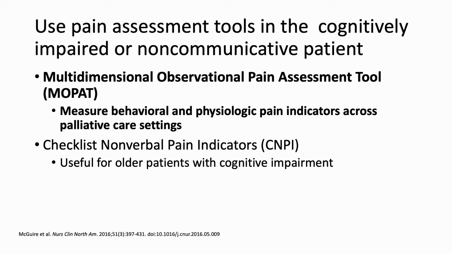Now, one that I'm going to show on the following slide is this multidimensional observational pain assessment tool that measures pain and physiologic pain indicators across palliative care settings. So it may be good to use for our cognitively impaired or non-communicative patient in a palliative setting. There's also the checklist for non-verbal pain indicators that's good for older patients with cognitive impairment.